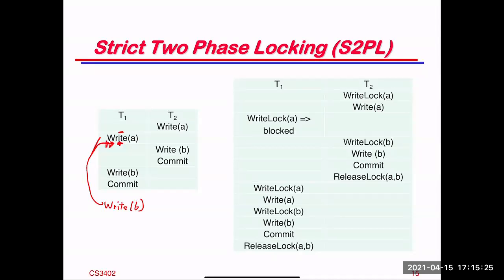So you're saying that the write B happens up here. Okay, so what will happen? Well, since the write B will happen, the scheduler is now going to try to acquire a lock on B, and in fact it will succeed.